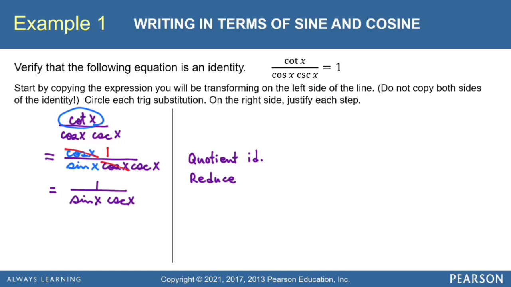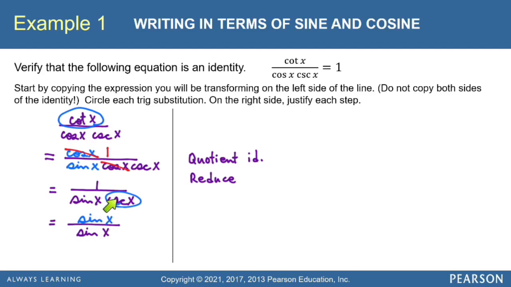And now at this point, you might notice that we have cosecant of x in the denominator, and you might say, well, we could restate that as sine of x in the top of the expression. So let's circle our cosecant of x, and let's go ahead and restate that as sine of x in the top, and this sine of x in the denominator is still going to be there.